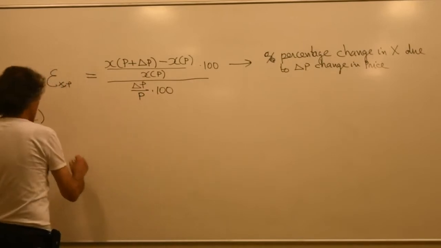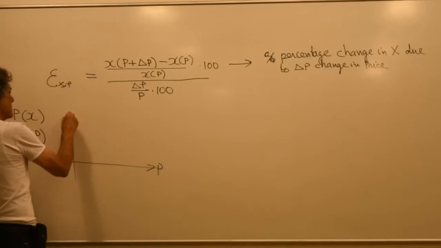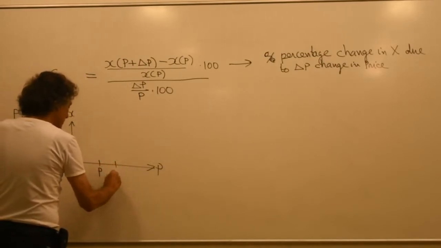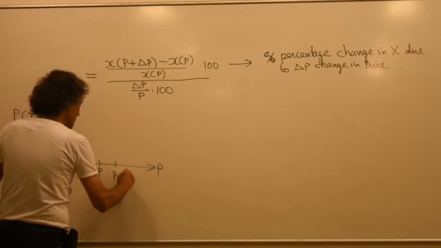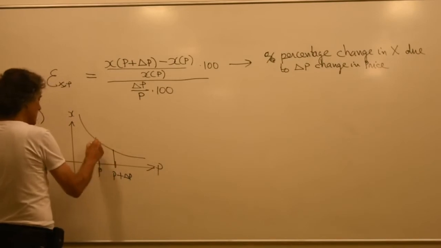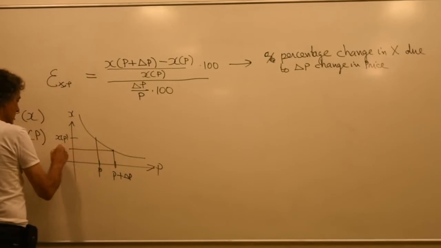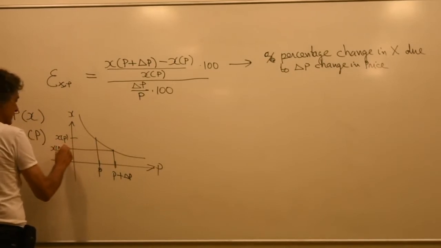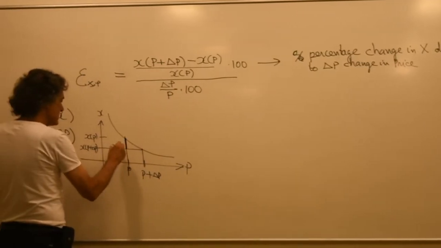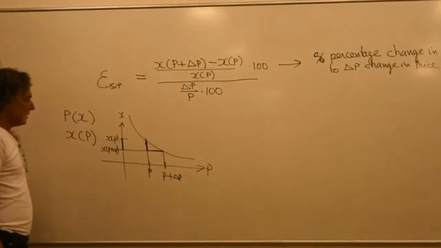I start with P. Suppose that this is P now and this is X, it will be easier. Let's say that I'm here at P and this is P plus delta P, and this is the demand. So I'm looking at X of P, and this is X of P plus delta P. And this is the change in X versus the change in the price.